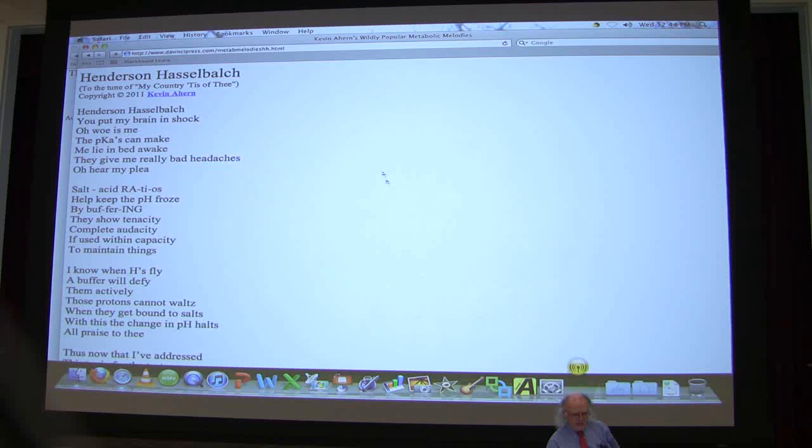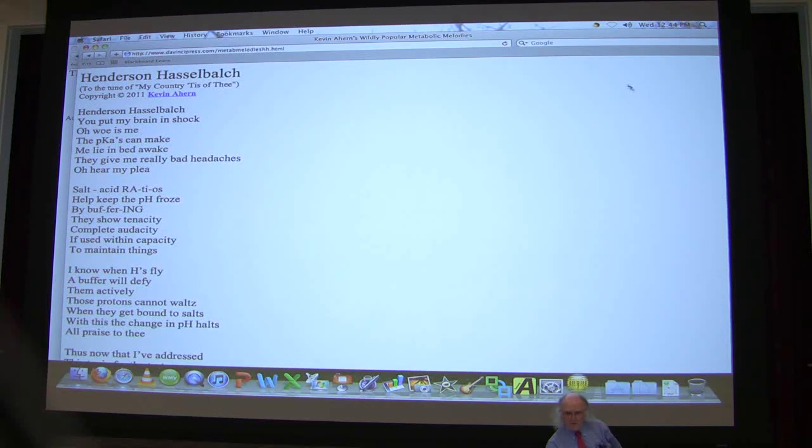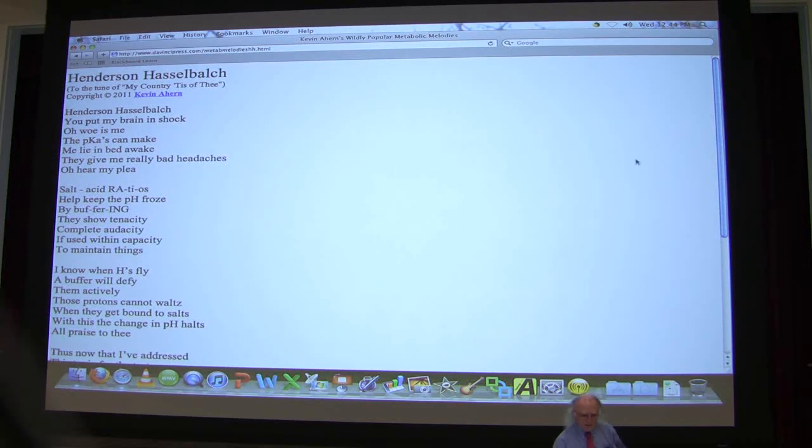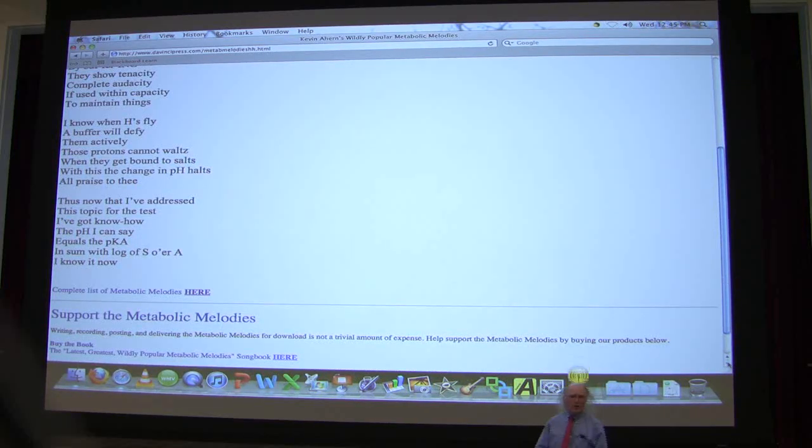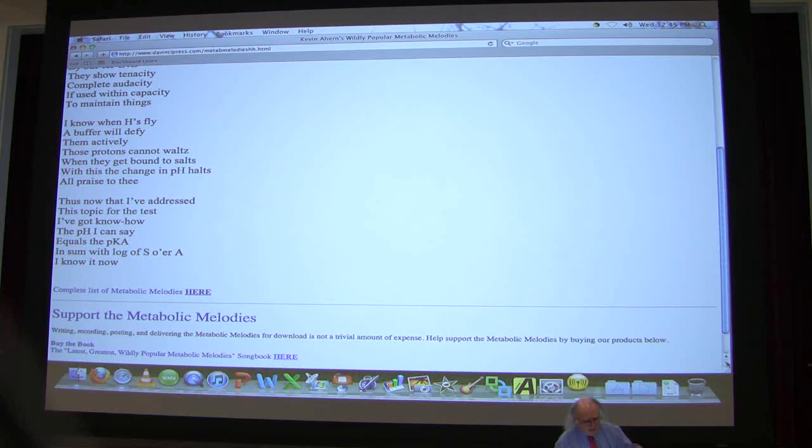I know when H's fly, a buffer will defy them actively. These protons cannot waltz when they get bound to salts. When this is changed, pH halts, all praise to thee. Thus now that I've addressed this topic for the test, I've got know-how. The pH I can say equals the pKa in sum with log of S over A.